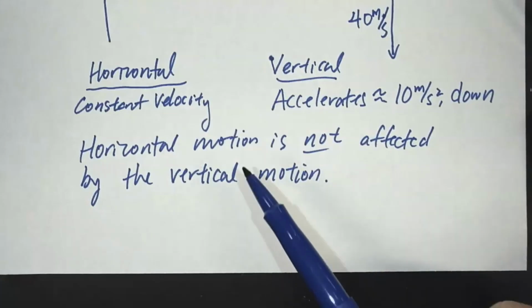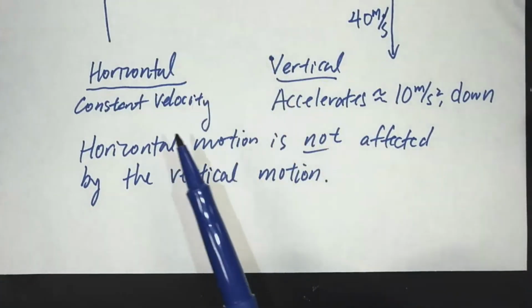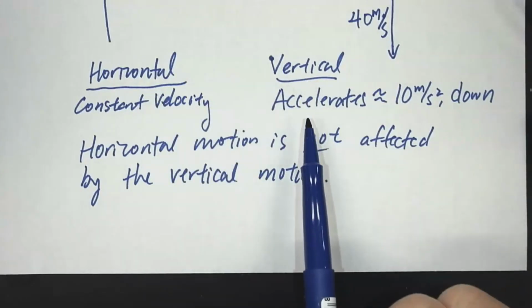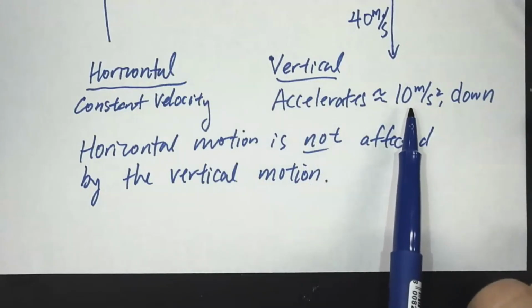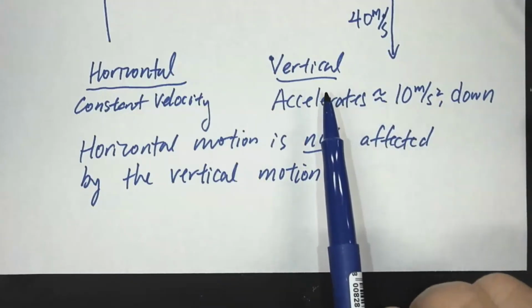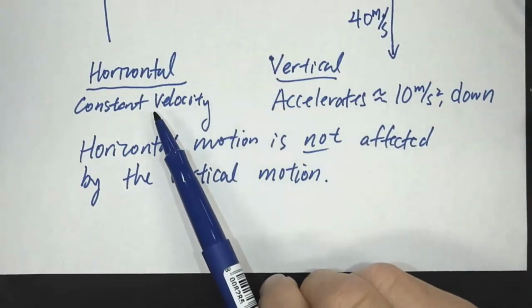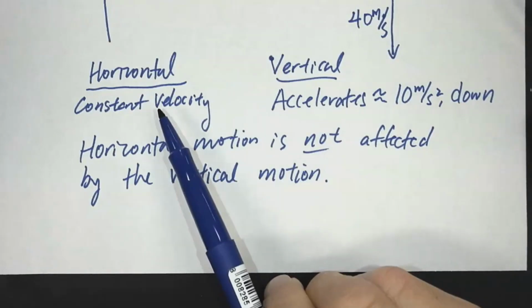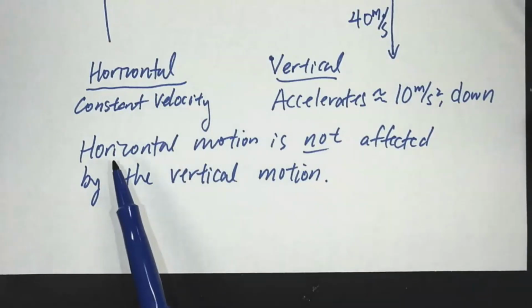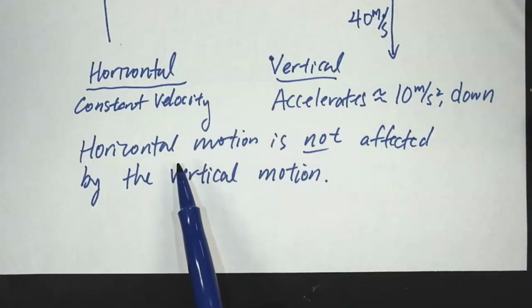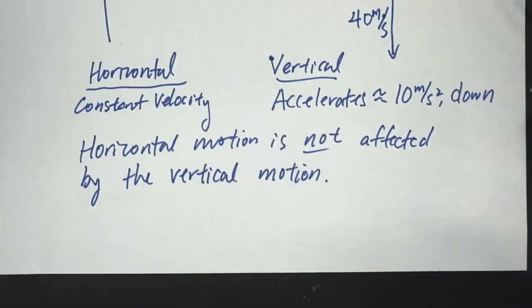What that means is that even if you were to throw the ball with a greater speed horizontally, the vertical motion will still accelerate at 10 meters per second squared. And even though the ball is falling and the ball's speed is changing as it falls, horizontally, the velocity is constant. So therefore, we say that horizontal motion is not affected by the vertical motion, or that we can sometimes say that it is independent. The horizontal motion is independent of the vertical motion.